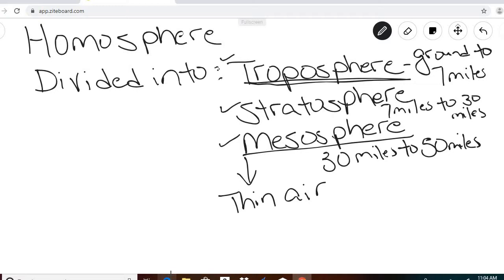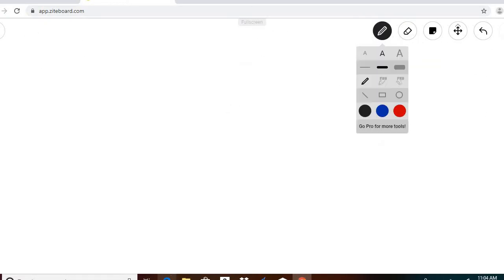Okay, so let's start by looking at the troposphere. And as we're talking about this, it would be good for you to be looking at figure 3.5. And as we're talking about these different areas, you can locate them on that figure. So the first one we'll talk about is the troposphere.